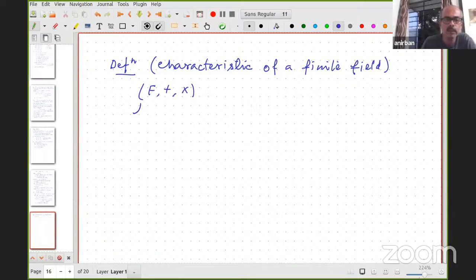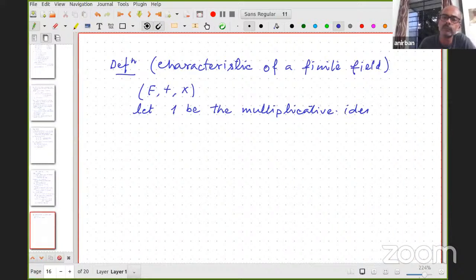So let 1 be the multiplicative identity.